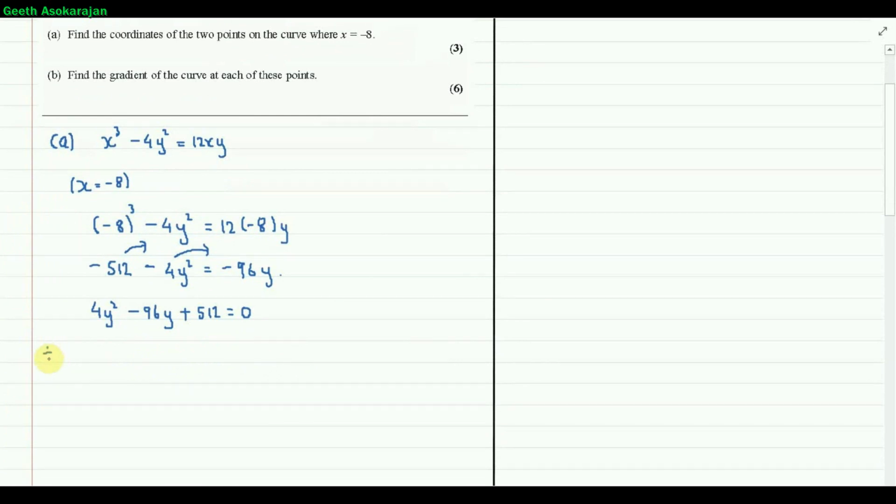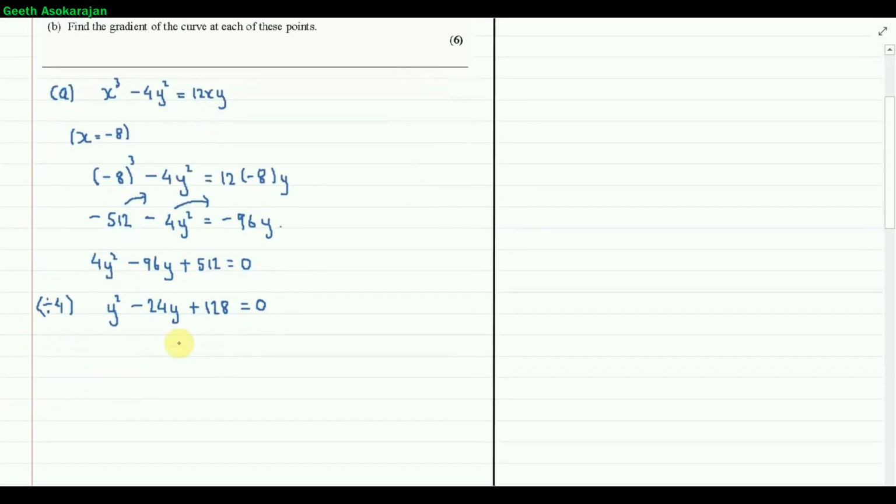I think we can reduce this quadratic if we divide by 4. We get y squared minus 24y, since 96 over 4 is 24, plus 128, since 512 over 4 is 128, equal to 0.